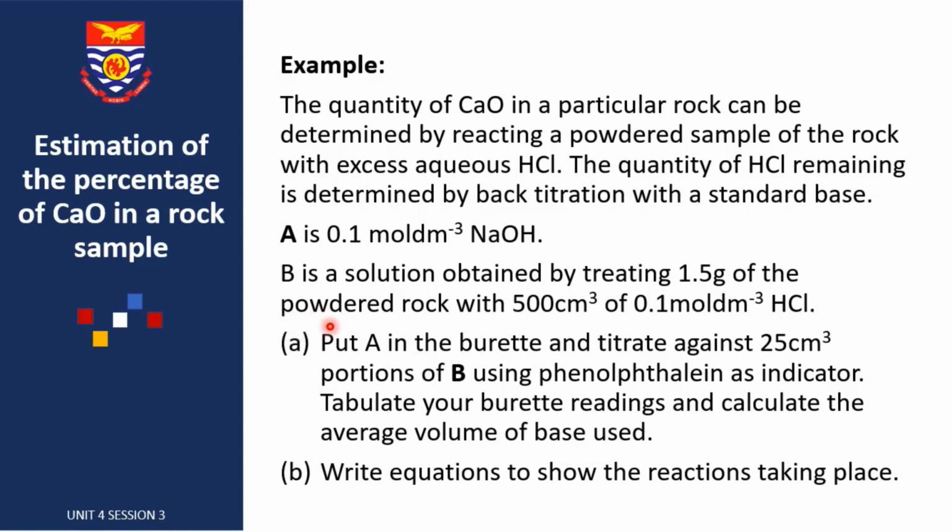So A here is an instruction, and the B part gives us the task or the questions to answer. We are to write equations to show the reactions taking place. We have already said that we have a reaction between calcium oxide and HCl, and sodium hydroxide and HCl. This makes our work easier.